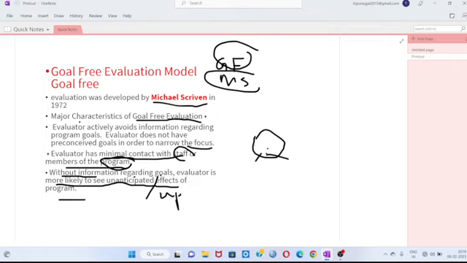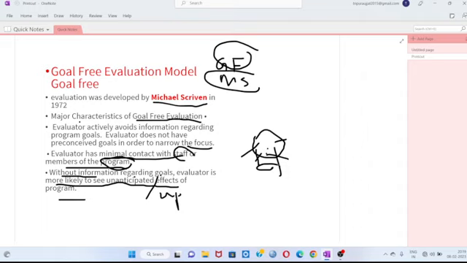We will see this thing. They are only linked with the staff members and members of that particular program. They will get information from them. But before that, they don't have any goal to evaluate this program.